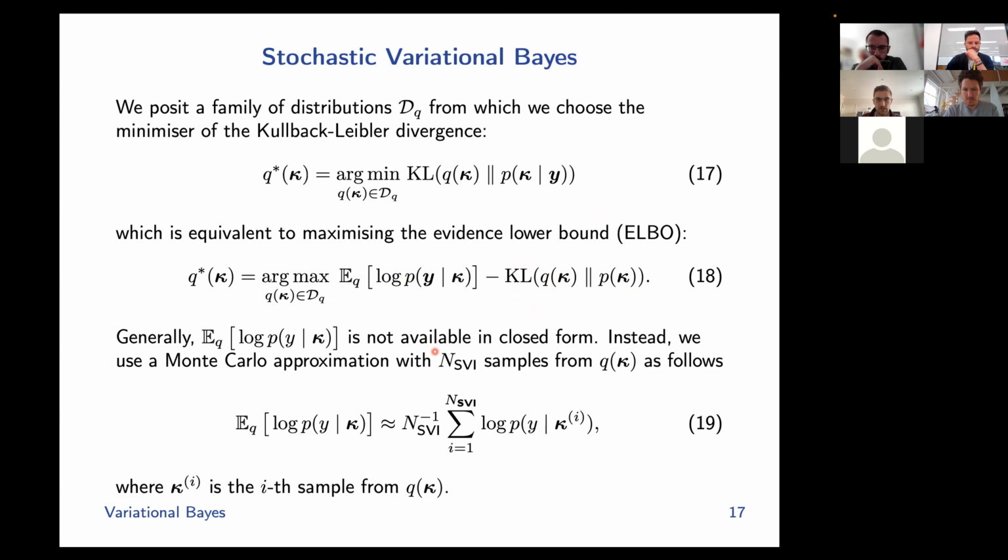So what we can do is approximate it using a Monte Carlo approximation, and it turns out that we need a very small number of samples for the whole optimization to be effective. And we've got some experiments to confirm what the literature says on this.